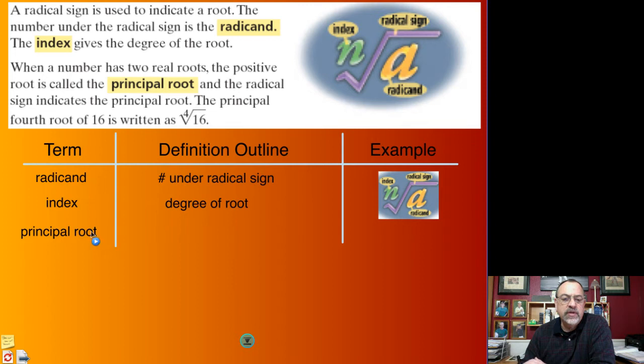Now this is mostly what you've dealt with in the past. In other words, when someone asks you what's the square root of 25, most of you will say 5. What you're giving is the principal root, because there is another number that you can multiply by itself and get 25, and that's negative 5. So when you give the principal root, you're just giving the positive root, even though there may be a negative one. Okay, so it's important to know that vocabulary there.